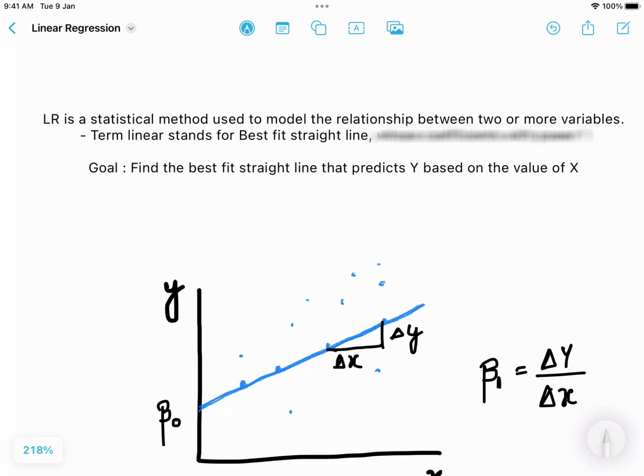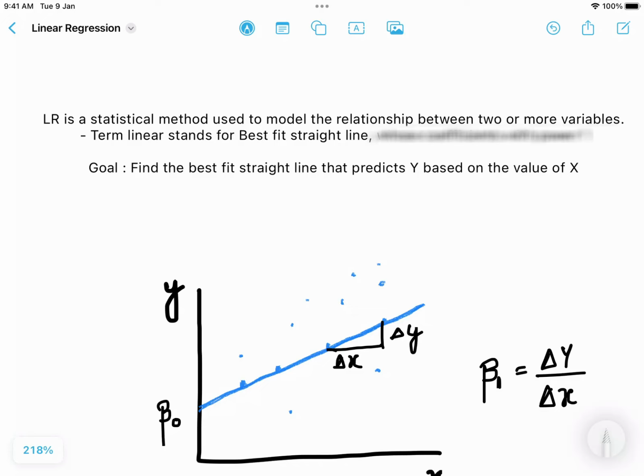y equals mx plus c, where m is the slope of a line and c is the intercept of the line. Similarly, this is just a straight line, and beta naught is the intercept and beta 1 is the slope of the line. So what does the slope of a line mean?